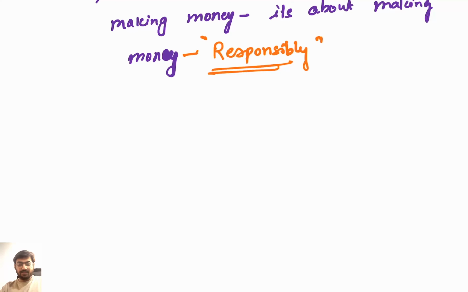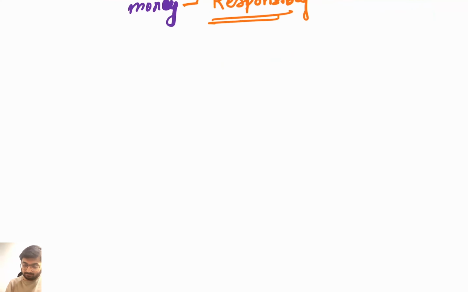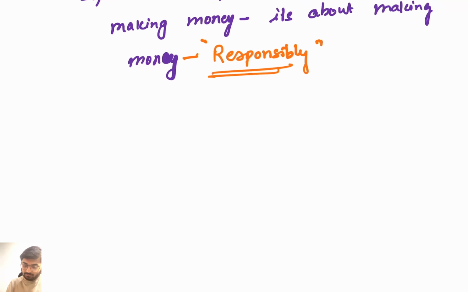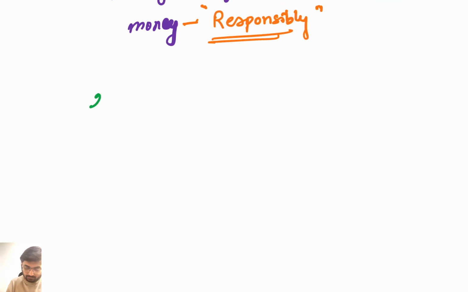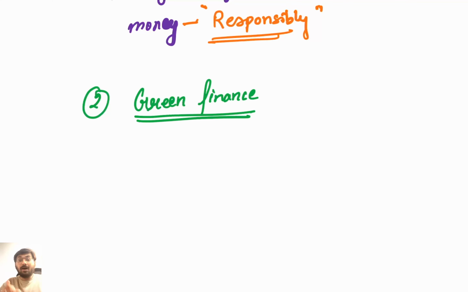Now give the next heading, green finance. This is number one. Now take point number two, your green finance. Now this is part of your sustainable finance.